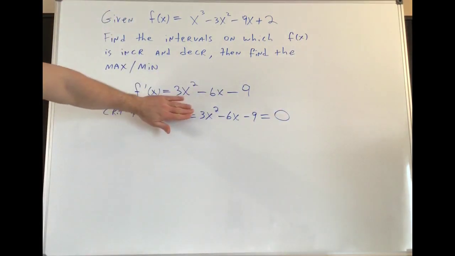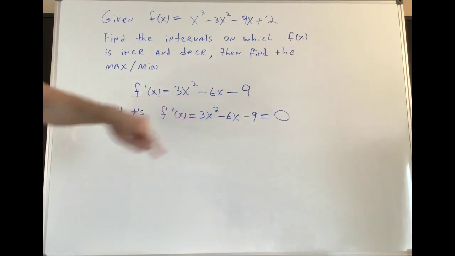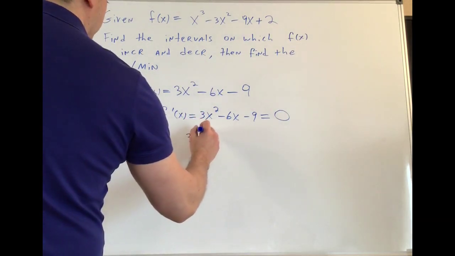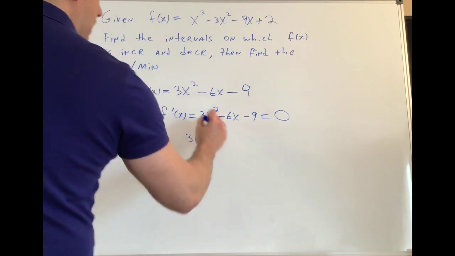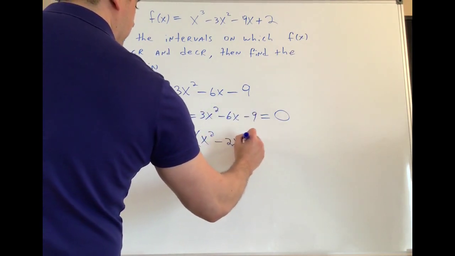Now, you should know that you need to factor this. They will always factor. If you attempt to use the quadratic formula on this, I'm not going to grade anything else you wrote. So when I give you a problem like this, you're going to factor. I'm going to factor out the 3, because all these numbers are divisible by 3.